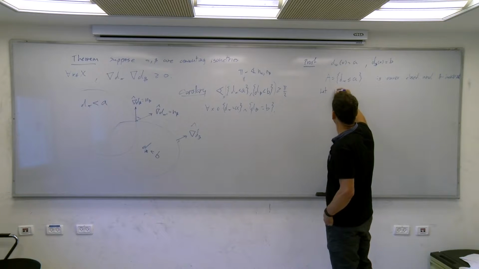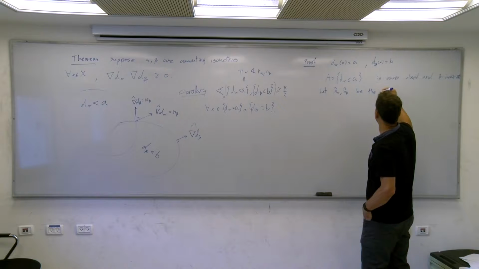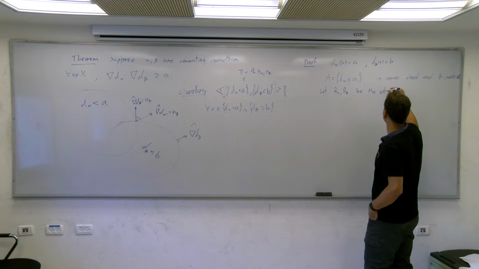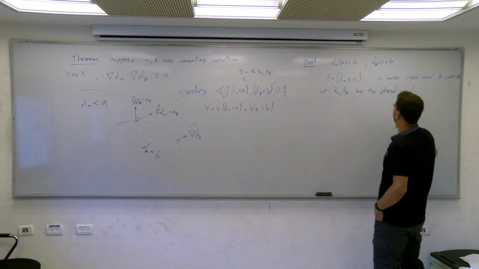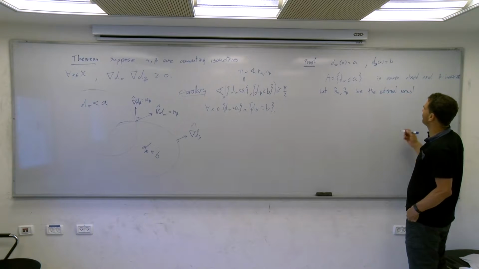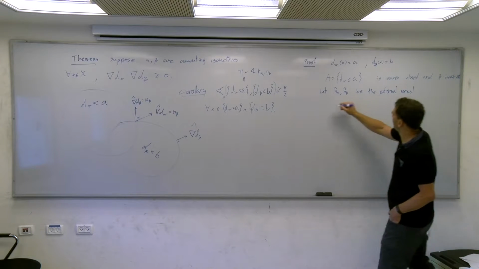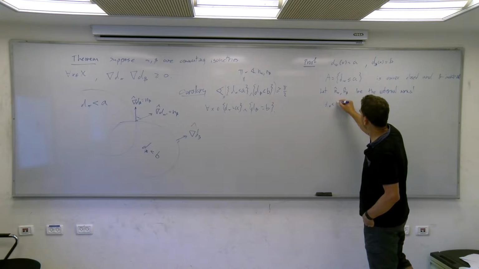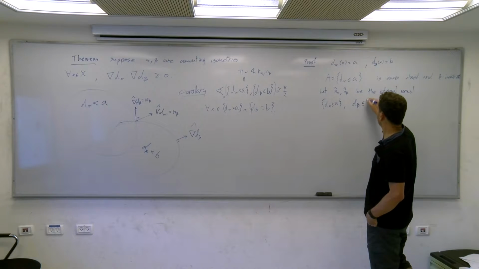Let n_alpha and n_beta be the external normals to d_alpha less than a and d_beta less than b.